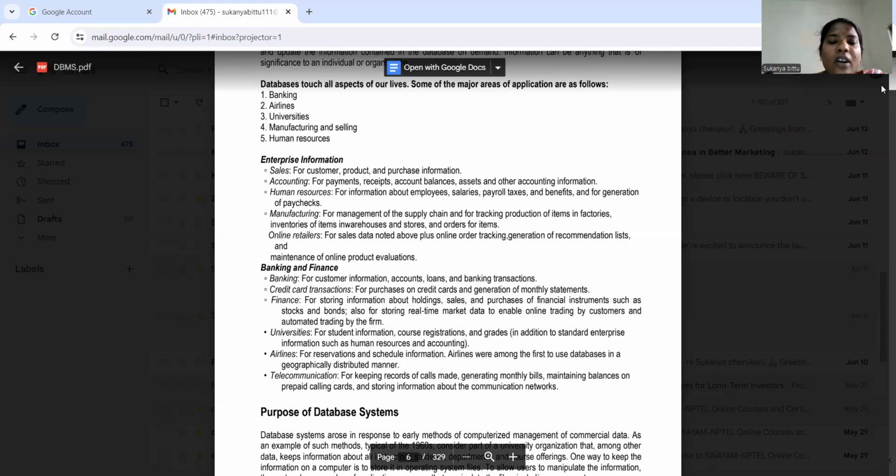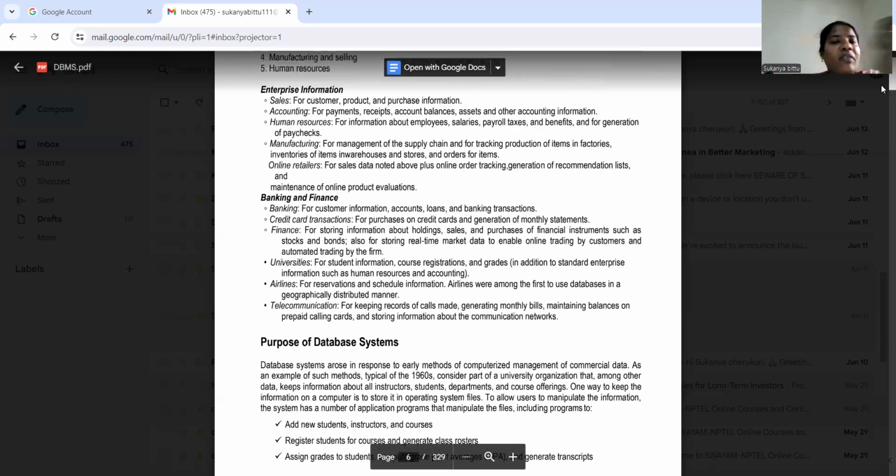Online retailers: sales data, online tracking, generation of recommendation lists, and maintenance of online product evaluations. So these are the things kept by online retailers. Next, banking and finance.